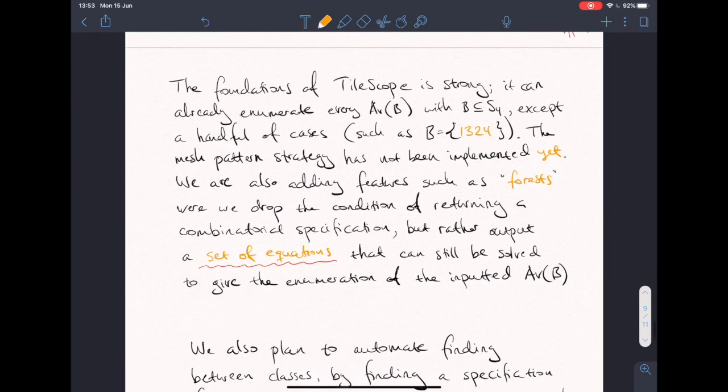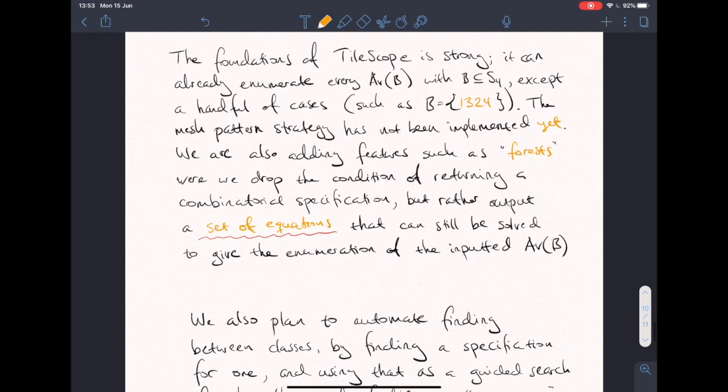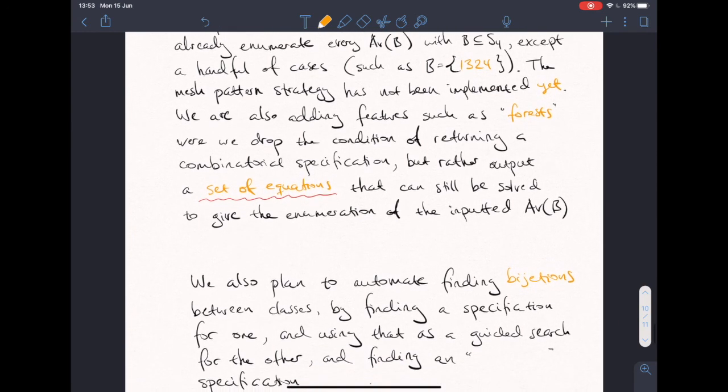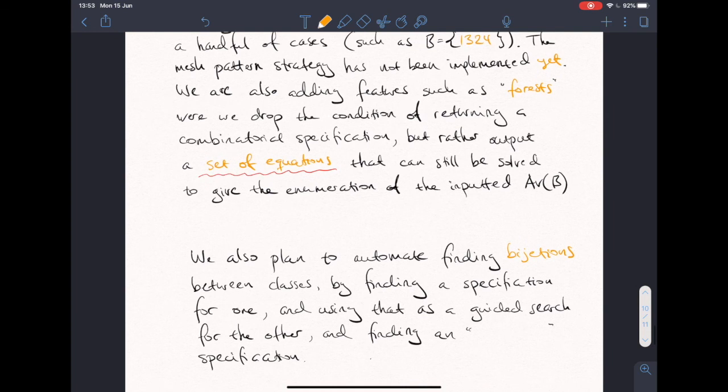Furthermore, we also plan on automating finding bijections between permutation classes by first finding a specification for one of the classes and then using that as a guided search for a specification for the other class, and trying to find an isomorphic specification.